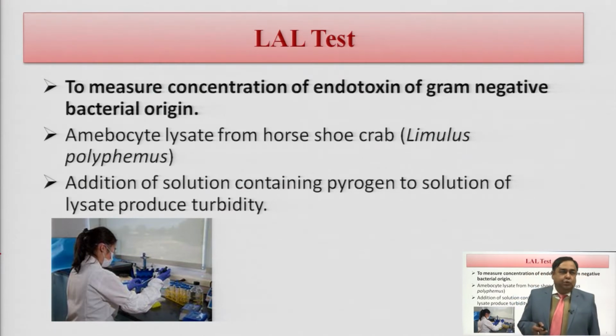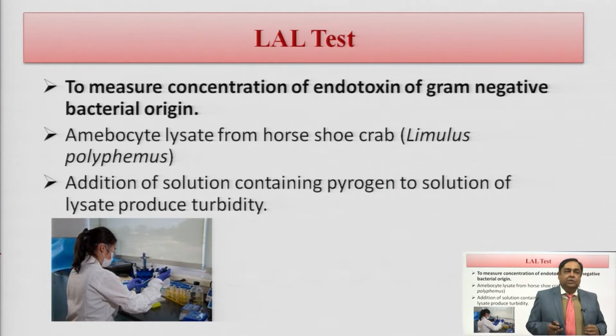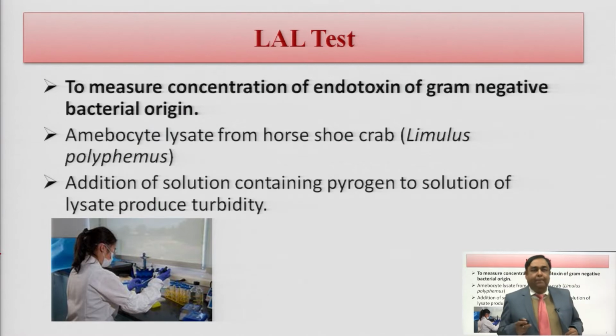So, the LAL test is used to measure the concentration of the endotoxin which is obtained from the gram-negative bacteria. It is nothing but the amoebocyte lysate of the horseshoe crab, which is also called Limulus polyphemus. Basically, it is a lysate solution which we obtain from this horseshoe crab.